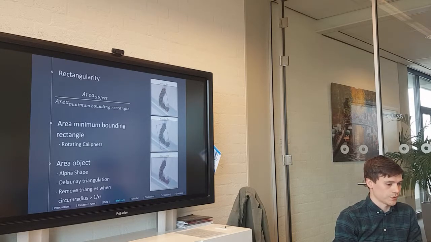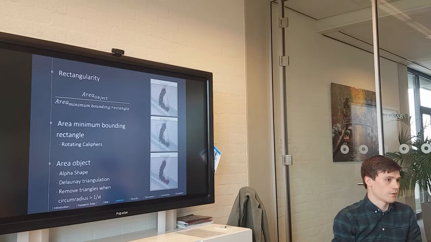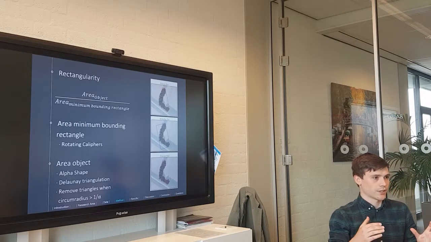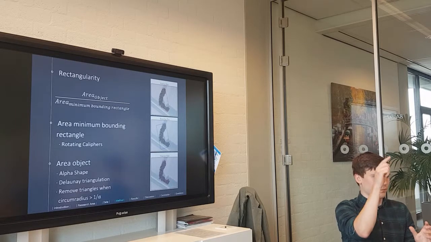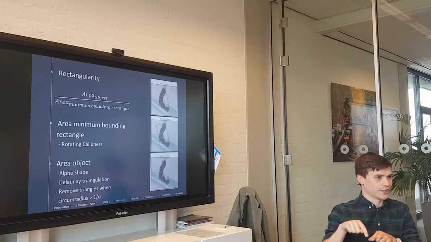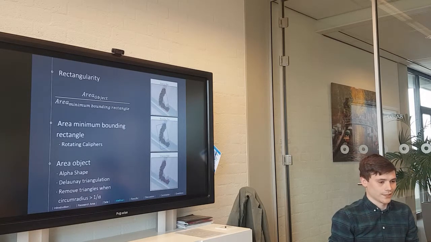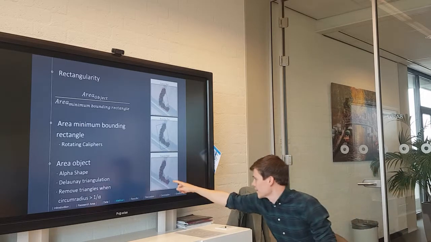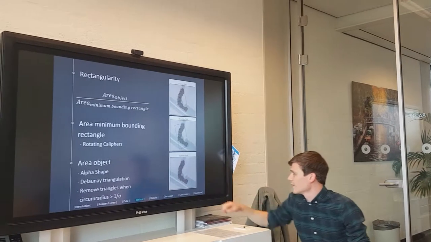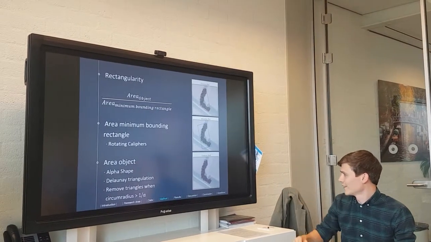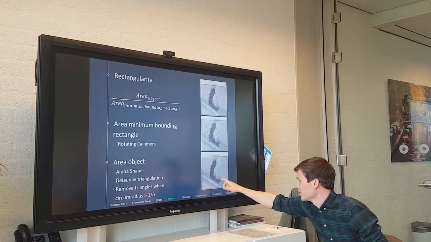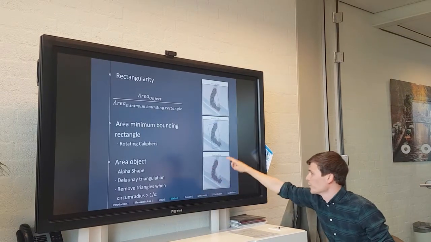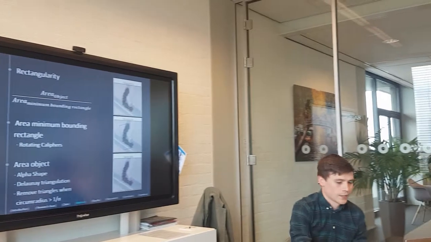So the triangles with a circumradius of larger than 1 over alpha, where alpha is a parameter that basically decides how precise the shape is. Here you see it really hugs it. Yeah, exactly. And if you increase the alpha, then it will be more smooth.